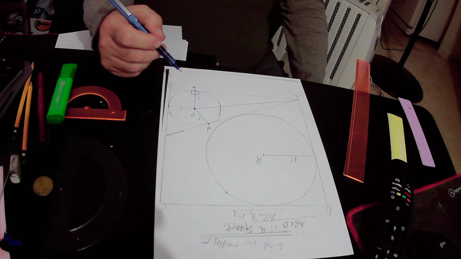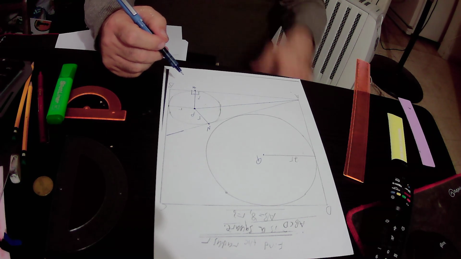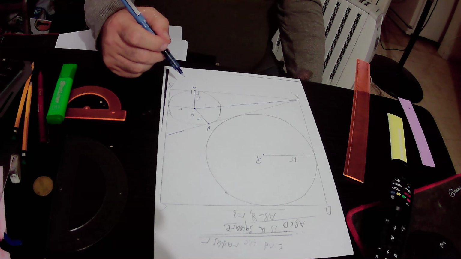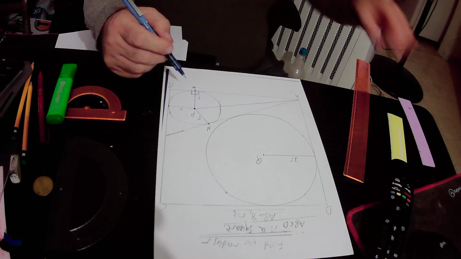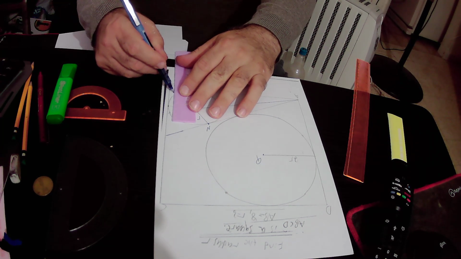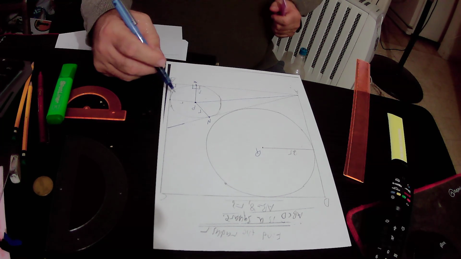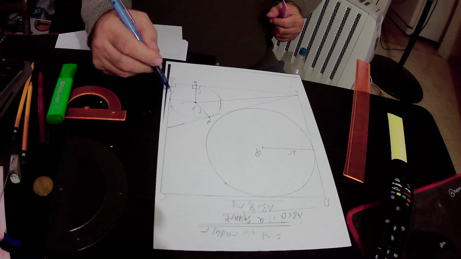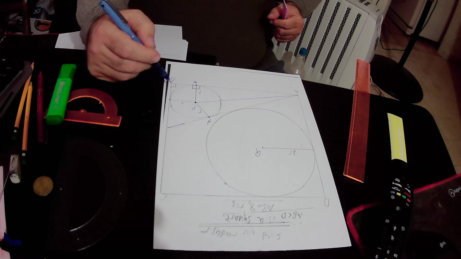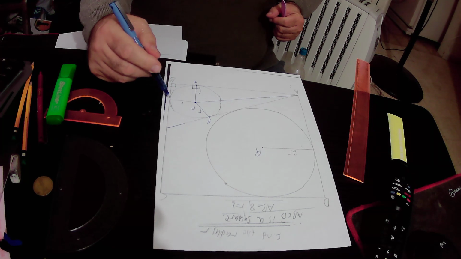And we also know that all the 4 angles of a square are right angles, they are equal to 90 degrees, so this angle will be equal to 90 degrees. And again, according to rule number 1, the tangent BC to the circle is perpendicular to the radius at the point of tangency.